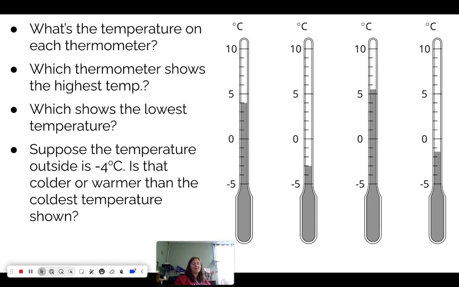Suppose the temperature outside is -4 degrees. Is that colder or warmer than the coldest temperature shown? If this is the coldest temperature and it's -3, -4 would be right here, so -4 would actually be colder because -4 is less than -3.